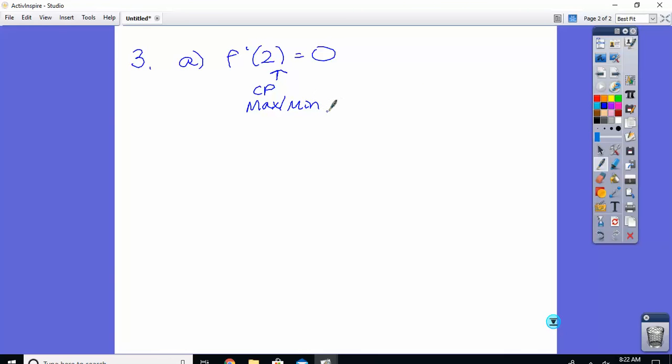Okay? Then the second thing I told you is the second derivative is -5. What does that tell you? It's concave downward. So at 2 on my graph, it's either a maximum or a minimum, but the graph has to be curved downward.